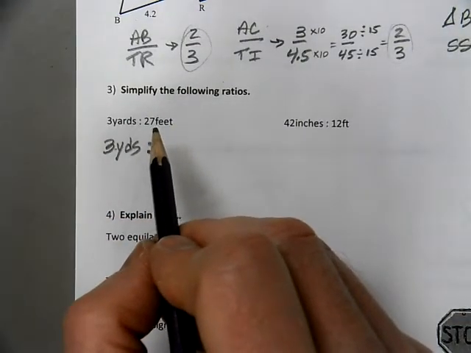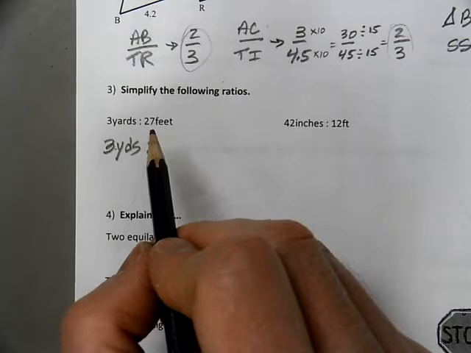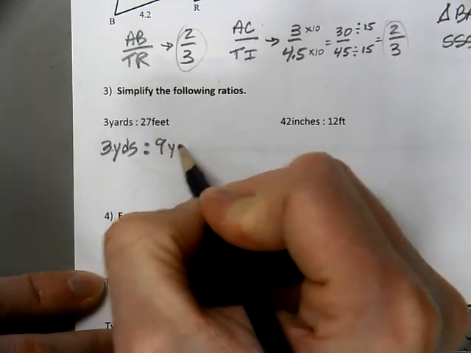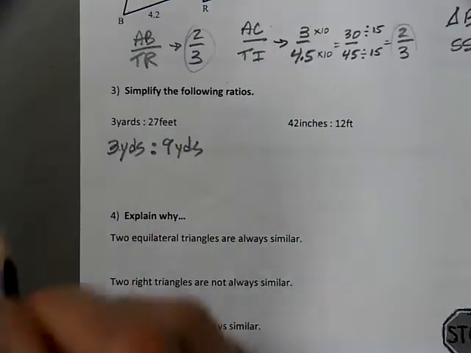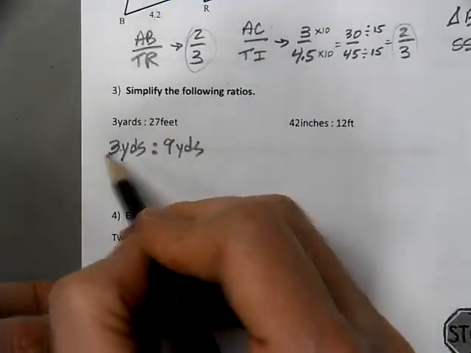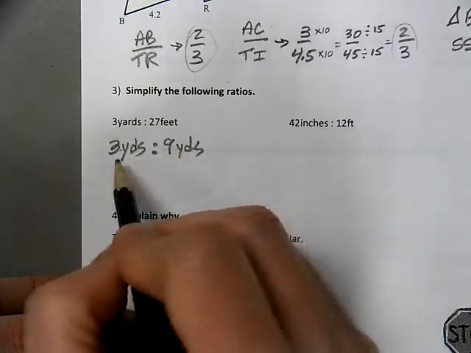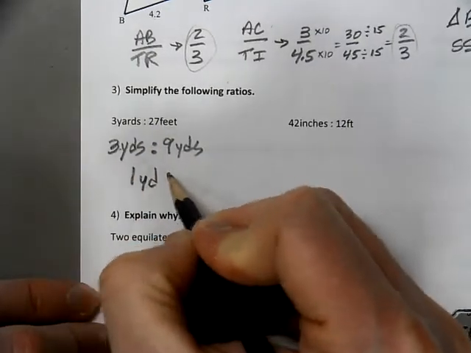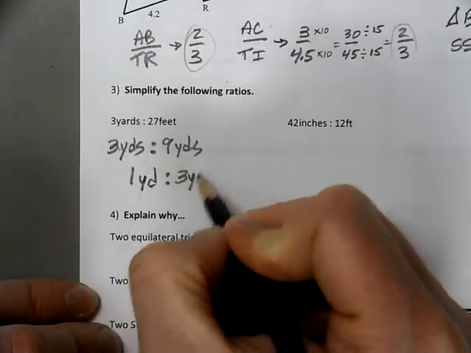Well, 3 feet makes 1 yard, and 3 goes into there 9 times. So there are 9 yards. Now we can reduce that by dividing them both by 3. Now they have the same units. We can say 1 yard is to 3 yards.